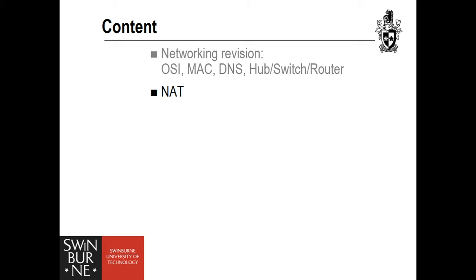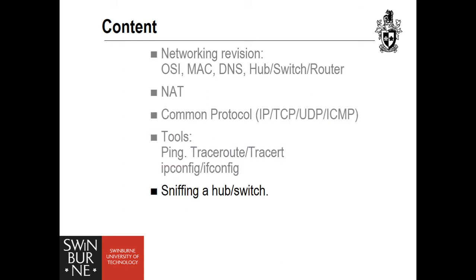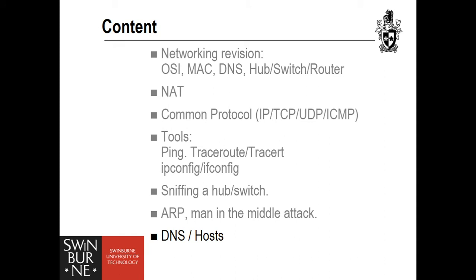We also learn about the common protocols, tools, how to sniff a hub or switch, man in the middle attack, and DNS or host. So this is what we will learn today.